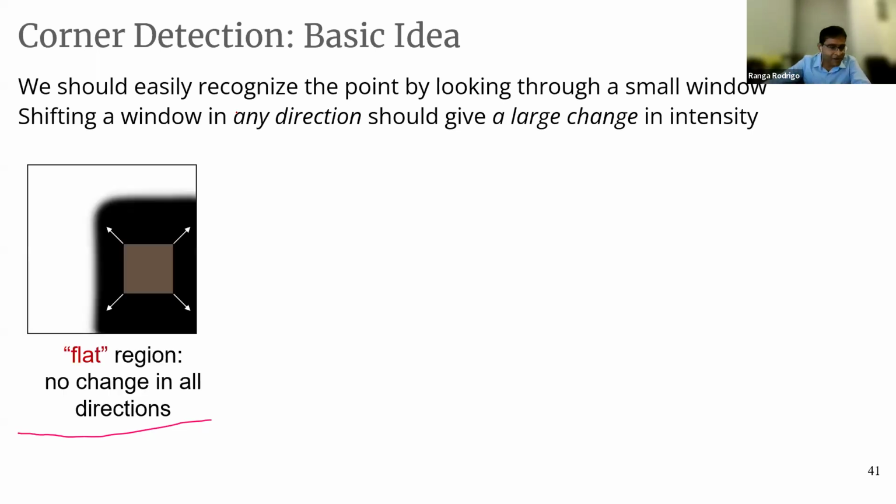Take this: this is a flat region in the image, this black region. Now we have located our window right here. If you move the window a little in this direction, or that direction, nothing changes. Flat region, no change in all directions.